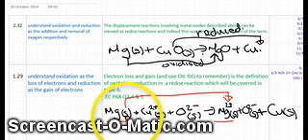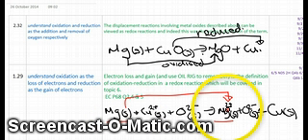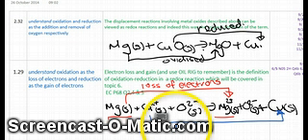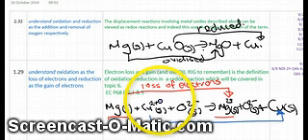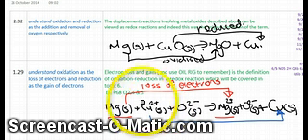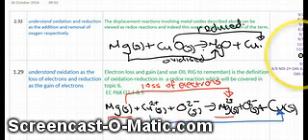We were neutral, we took away 2 minuses, and now we have a 2 plus. So I'm going to put in here loss of electrons. And the copper is Cu2+. The copper gets back some electrons to balance out that positive charge and ends up being copper metal with an oxidation state of 0. So this copper ion has gained electrons.